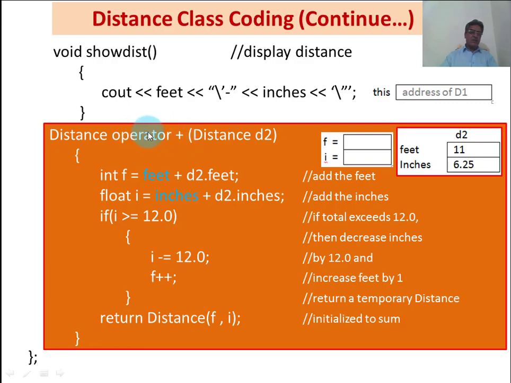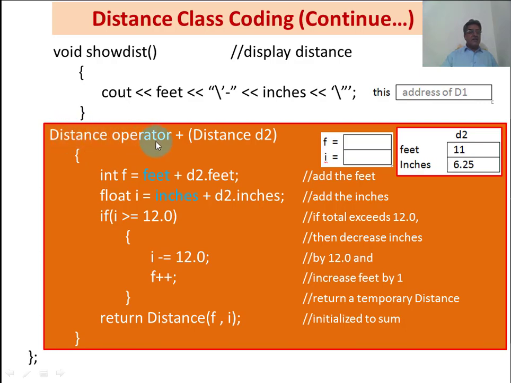If we don't use this keyword, the compiler will give us an error, that is, you cannot use a symbol as a function name. But by using the operator keyword, it will permit us to use the plus symbol as a function name. This is the object which will receive the value, and this Distance is the class.